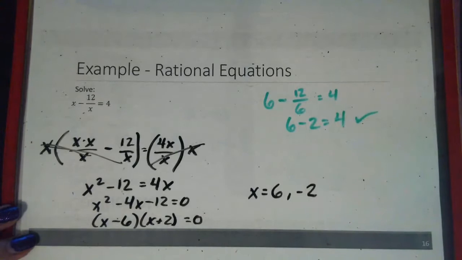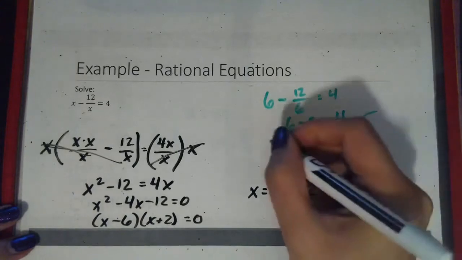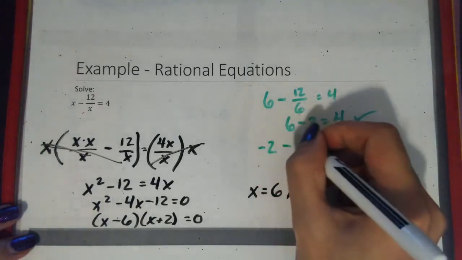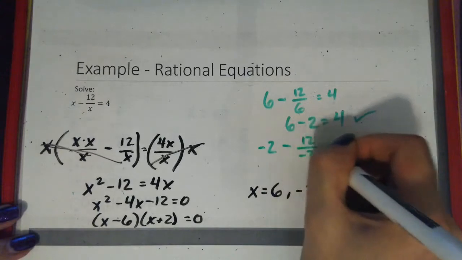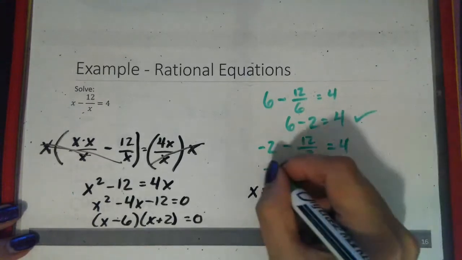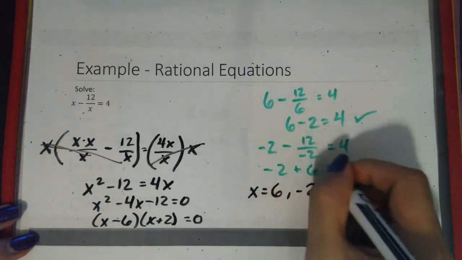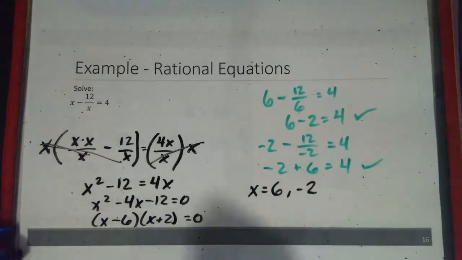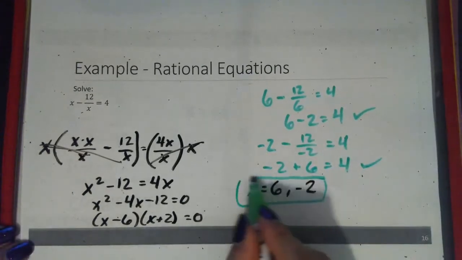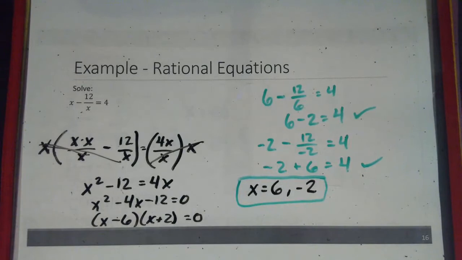That checks out. That's good. For the other one, we'd have negative 2 minus 12 divided by negative 2 equals 4. That's negative 2 plus 6 equals 4, and that checks out as well. So we get two solutions on this one. That's just something to keep in mind: we have to check our answers. No dividing by 0 here.